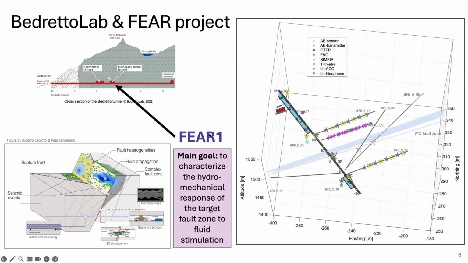The main goal of this specific experiment was to characterize the hydromechanical response of the target fault zone, identified by these two surfaces in gray and light blue, to fluid stimulation. The goal of FEAR 2 will be to make this fault move seismically and host a nearly magnitude 1 event, but I guess we will know better in a few months if this will happen or not.